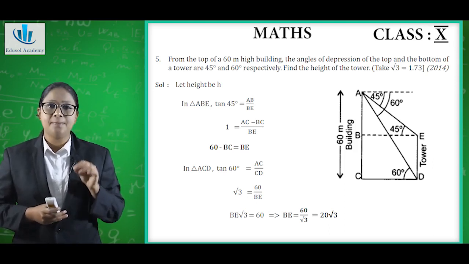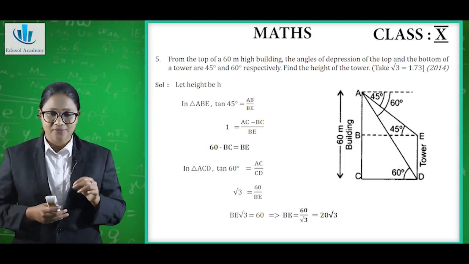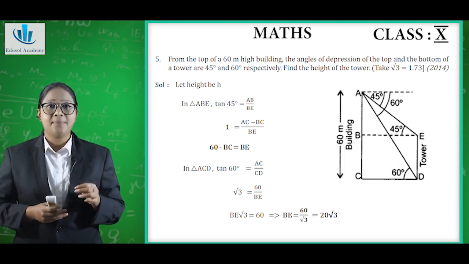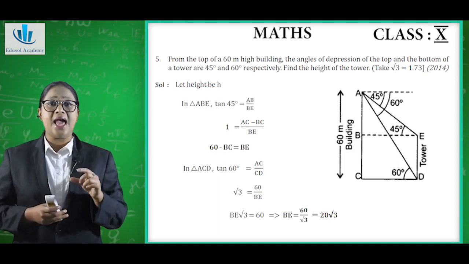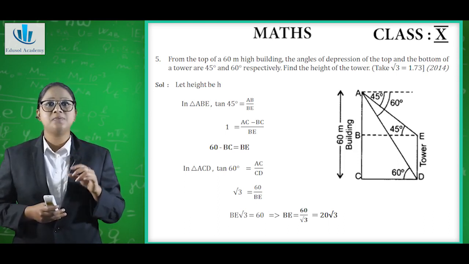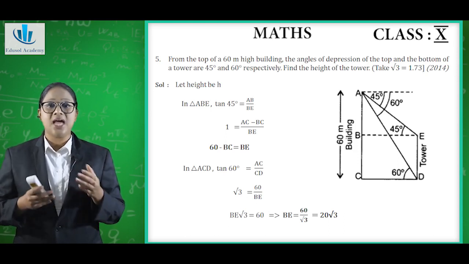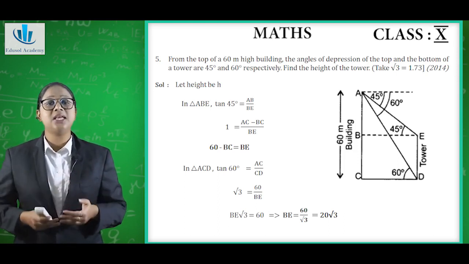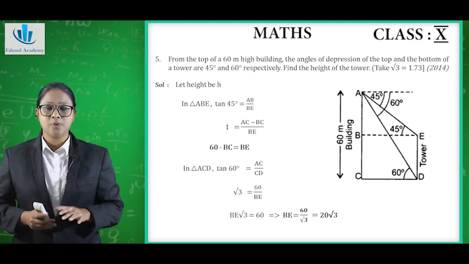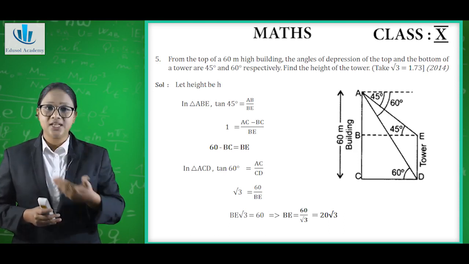In triangle ABE, tan 45 is equal to AB by BE. Or we can write AB as AC minus BC, or 60 minus BC. So tan 45 is 1, which means we can write 60 minus BC is equal to BE. Let's pause it there.